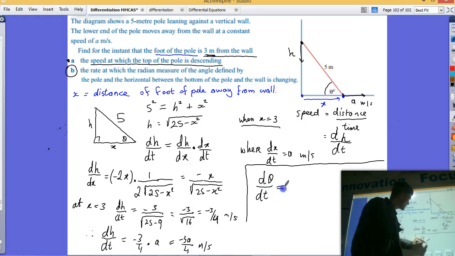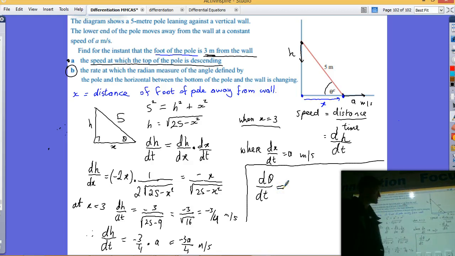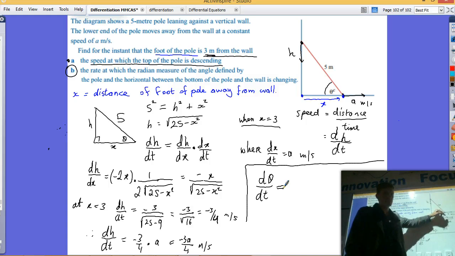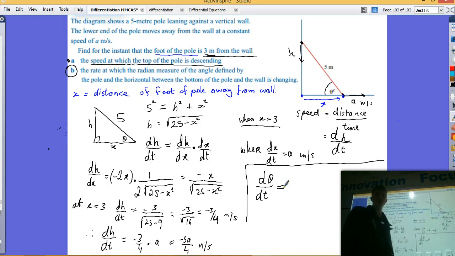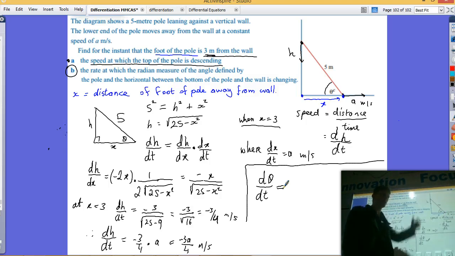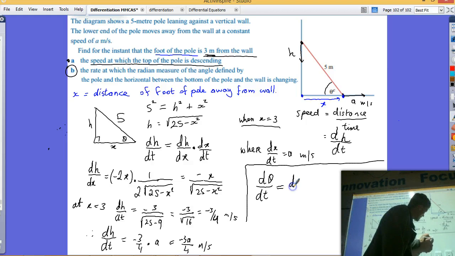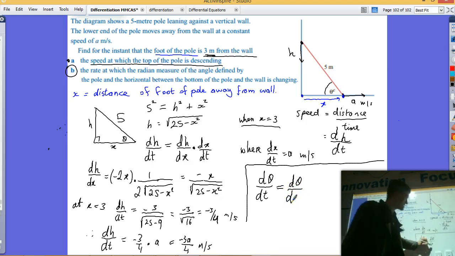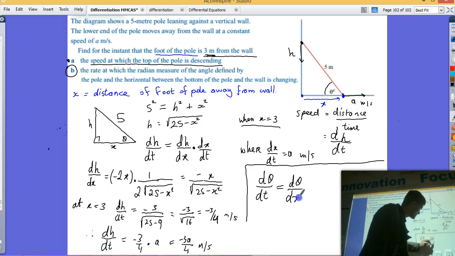And maybe we can consider what theta depends on. What do you think theta depends on? Maybe the quantity of x. As x increases, what happens to theta? Does that increase or decrease? So we might need to know what is the rate at which theta changes with respect to x.